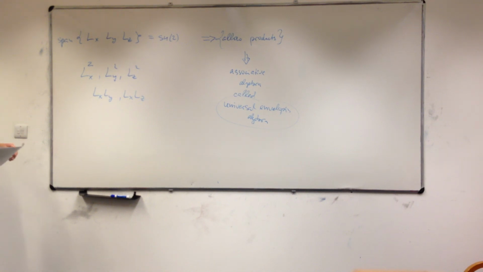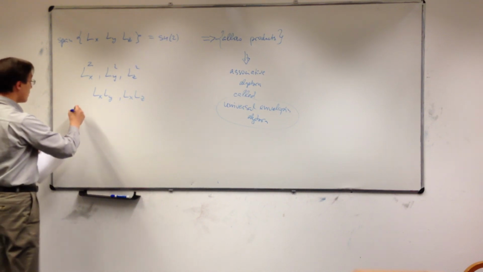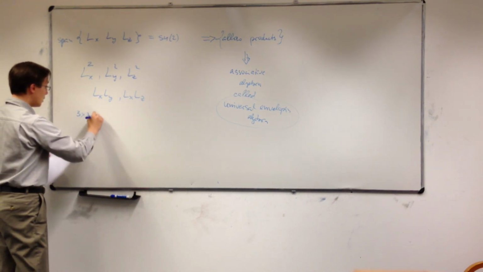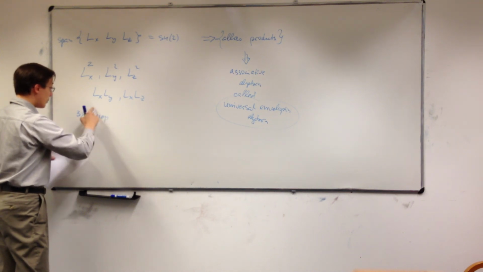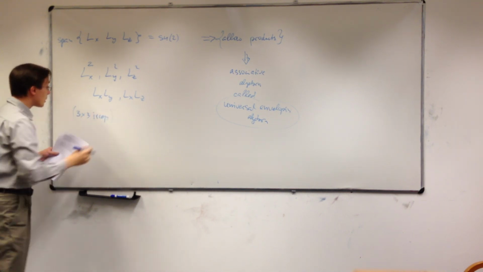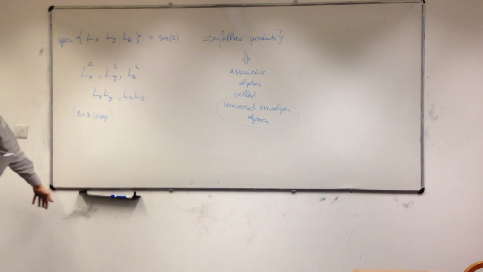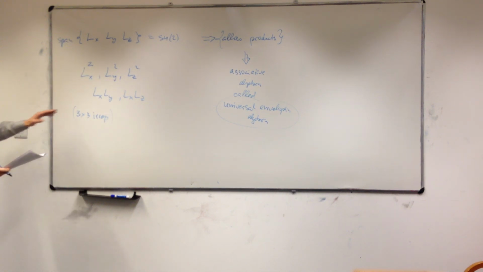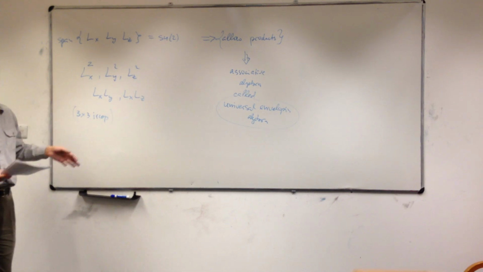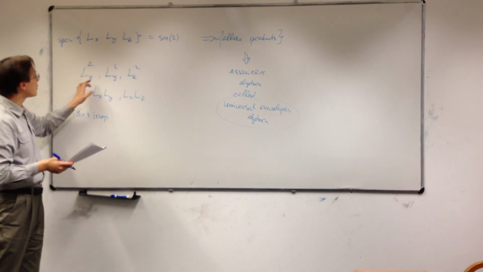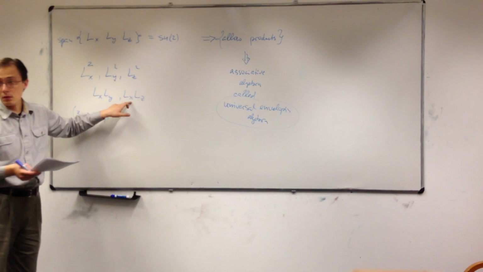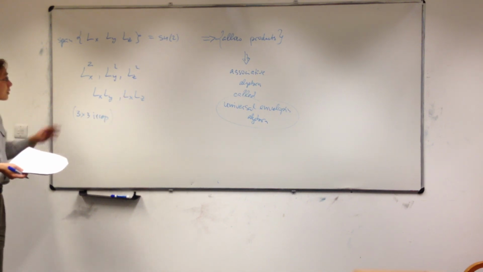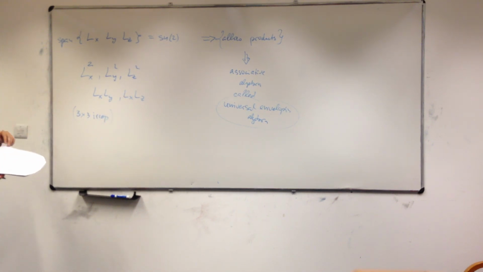But again, that is for the 3×3 irrep. If we have, for example, a 4×4 irrep, there will be further operators. But for a 3×3 irrep, a very interesting fact emerges. If you count these linearly independent generators, 1, 2, 3, 4, 5, 6, 7, 8, again, it's generated by 8 linearly independent generators. It's something 3×3.